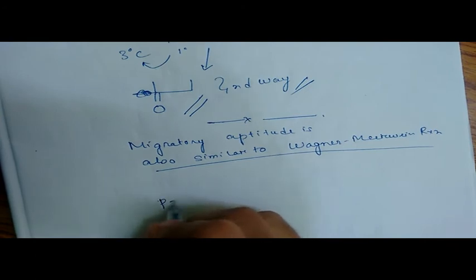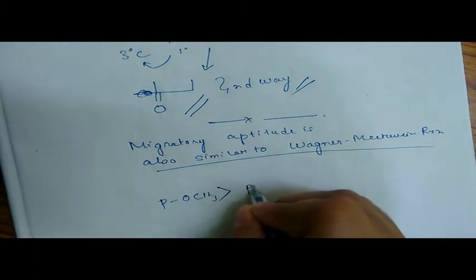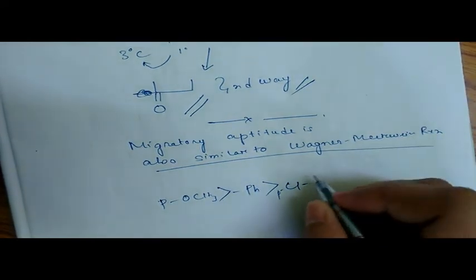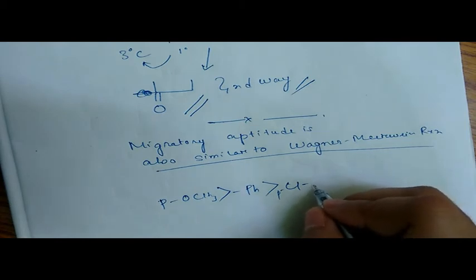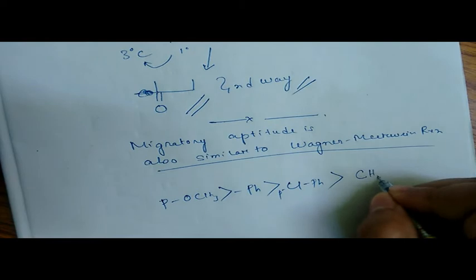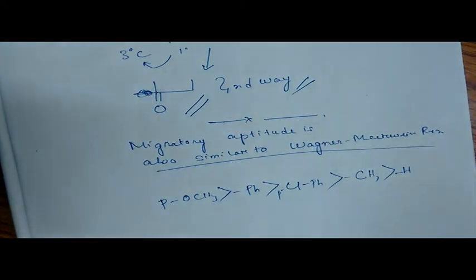That is, para OCH3 will be faster than normal phenyl, then chloro, the parachlorophenyl group. Then we will have the methyl and at last the proton or the hydride shift.